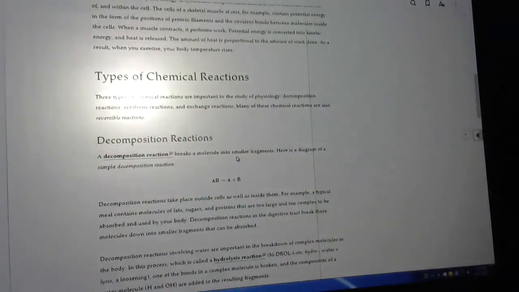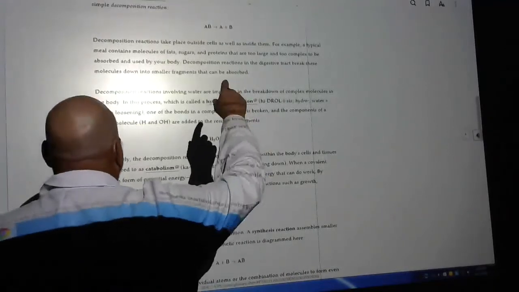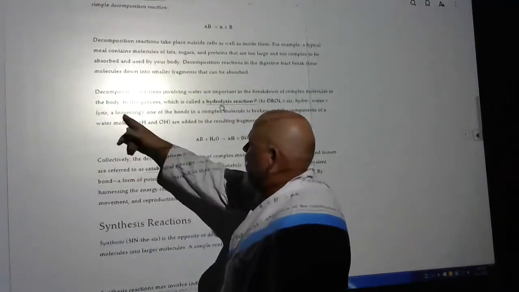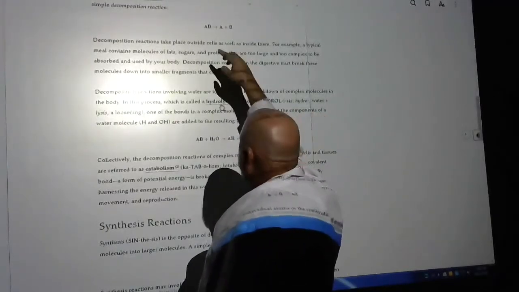So the decomposition is to break it down. When we break things down, it's called catabolism. See catabolism right there? So when we break things down, it's called catabolism. Hydrolysis: water lysis. Lysis means to break apart. So it's a water-breaking reaction.